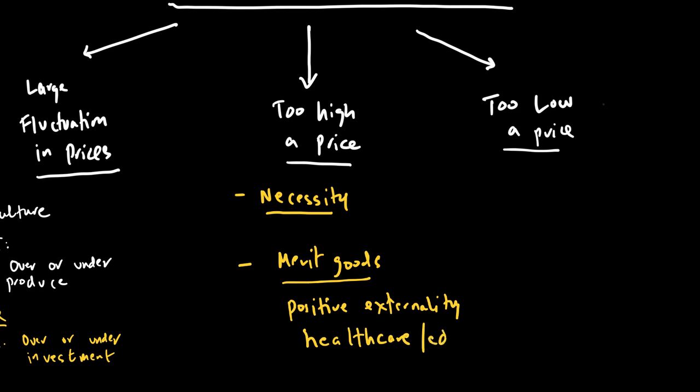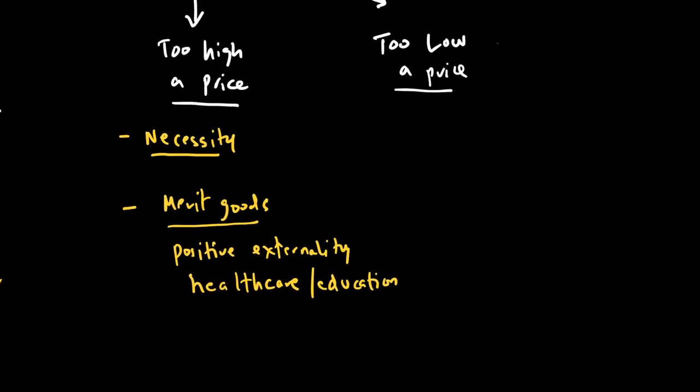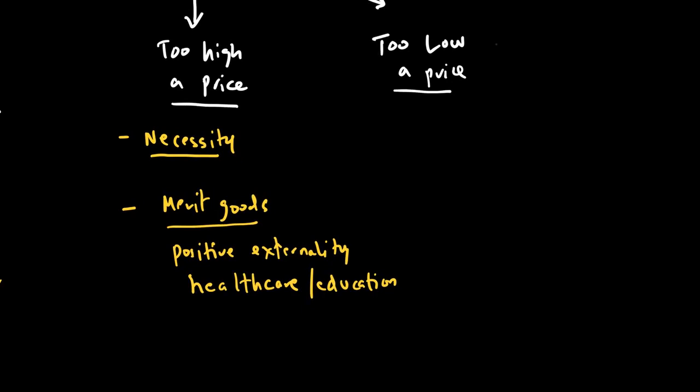And education, of course, is another example where government may want to intervene in the case of a merit good, because they may want to reduce inequality in society. They may want more people to buy that good, or they may want more people to afford that good. It could be in terms of price controls that they intervene, or it could be in terms of subsidies. But whatever the case, there is a need for government intervention if the price is too high for goods like merit goods and necessities.